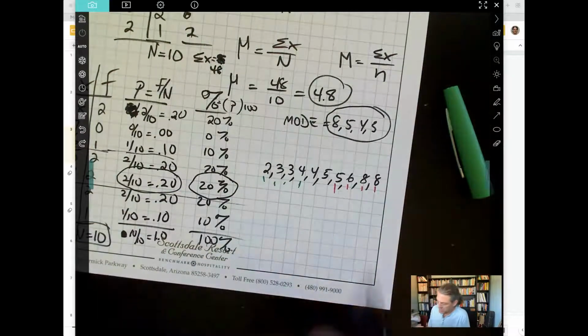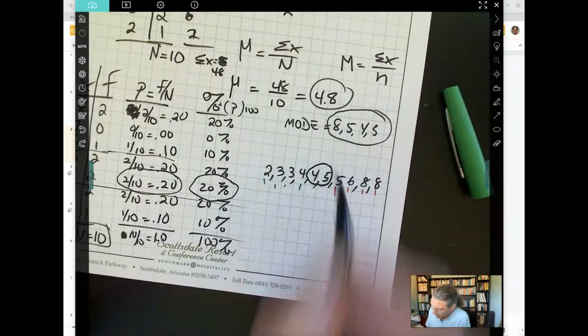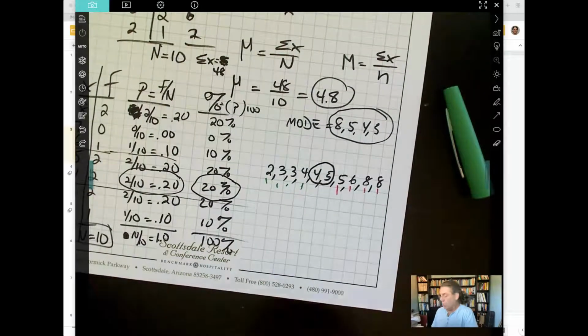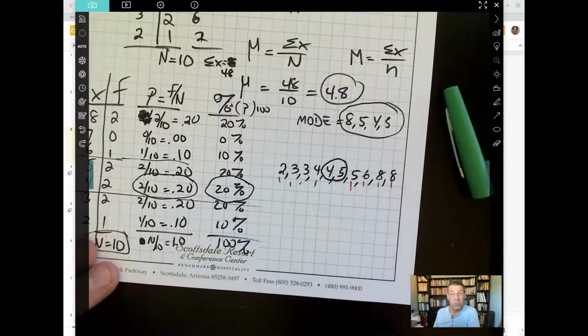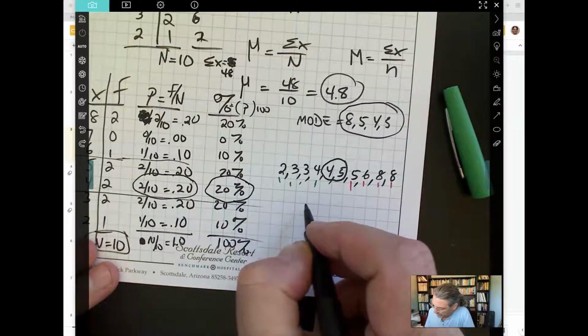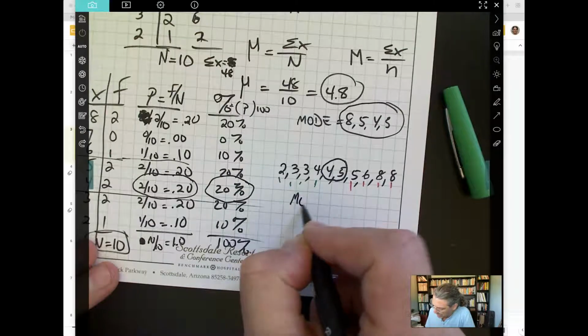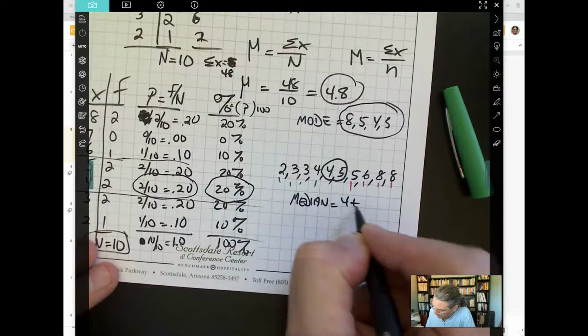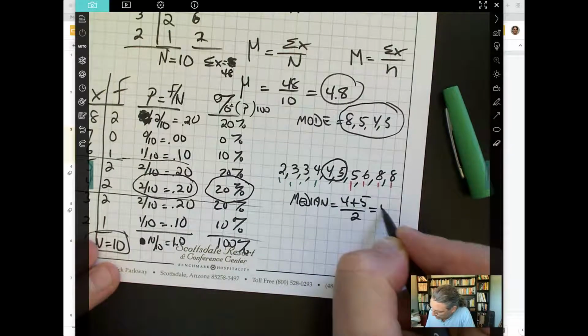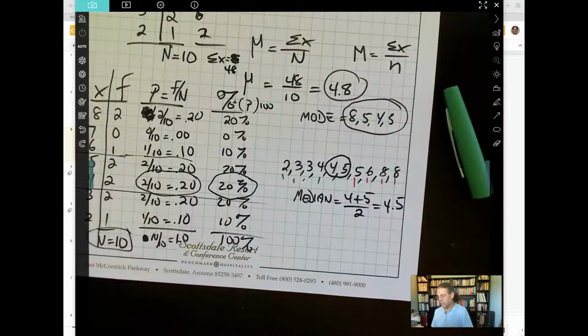And then that leaves me 2 scores. Those are the 2 scores in the middle. Whatever those 2 scores are, just add them and divide by 2. Essentially, we're taking the average of the 2. Okay, so we would get, for the median, 4 plus 5 over 2, or 4.5.